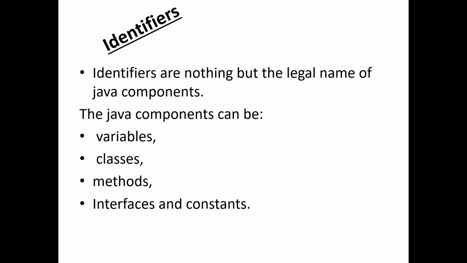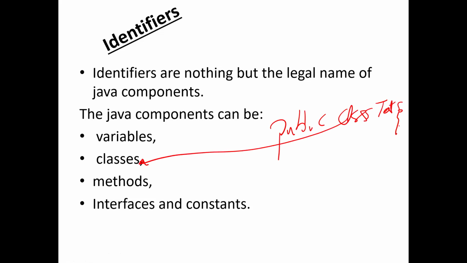The name you provide to your variables, classes, or methods is known as an identifier. Identifiers are the names by which you identify that Java component. When I said public class, the class is a Java component, and the name I provide, test, is a legal name. The name you provide to a Java component is nothing but an identifier in Java.